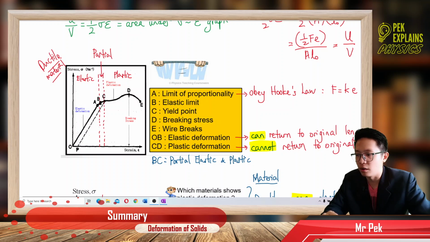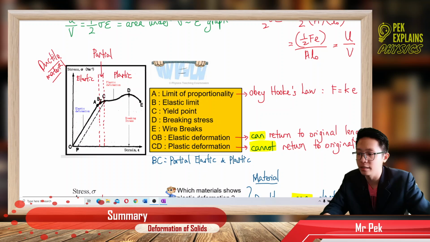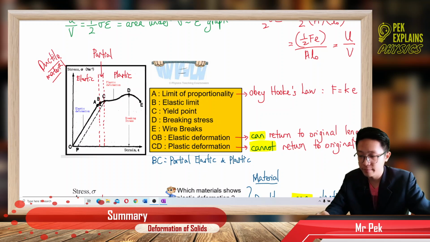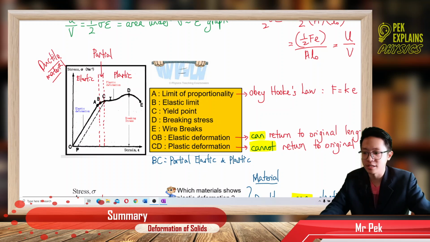Until the limit of elastic limit, the wire still undergoes elastic deformation. That means if you apply the stress until the point B, which is the elastic limit, and you release, it surely goes back to original length.